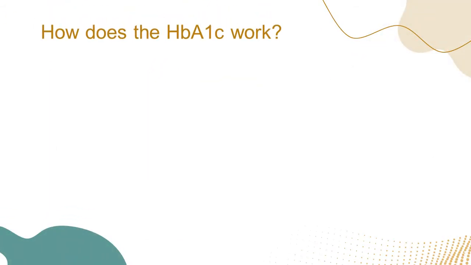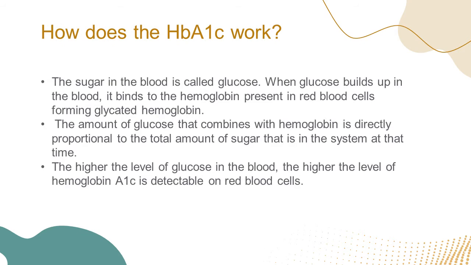How does the hemoglobin A1c test work? The sugar in the blood is called glucose. When glucose builds up in the blood, it binds to hemoglobin present in red blood cells, forming glycated hemoglobin.